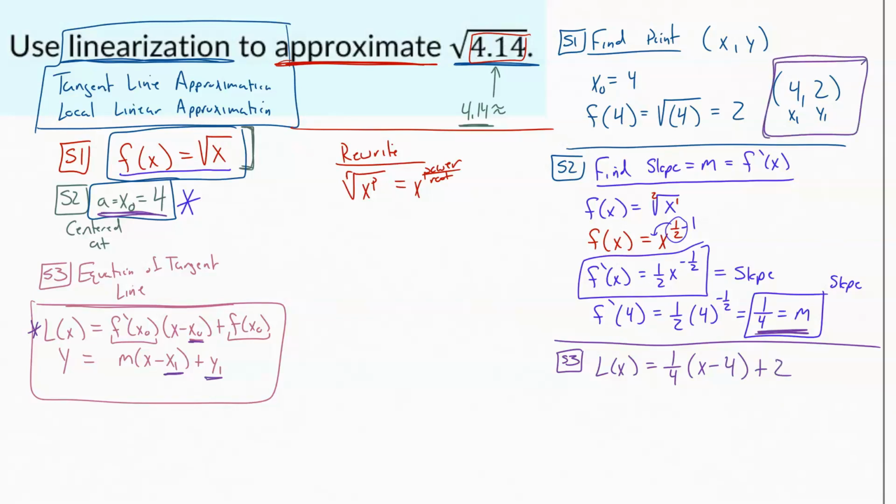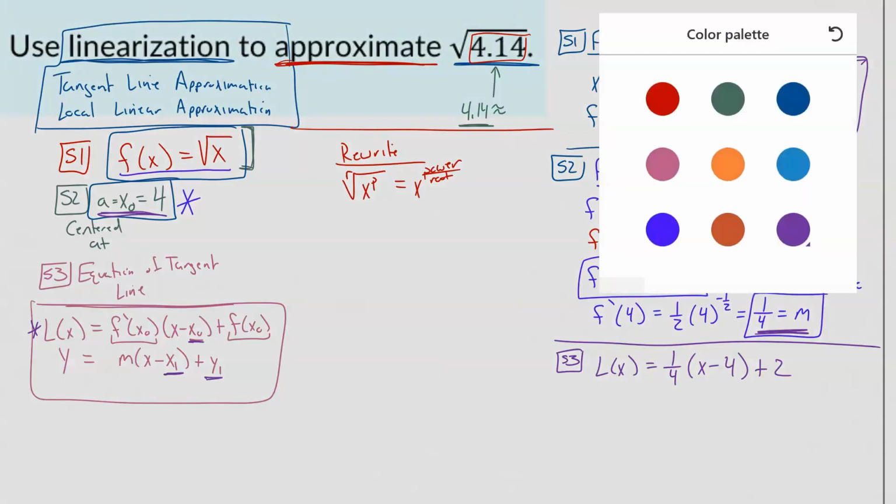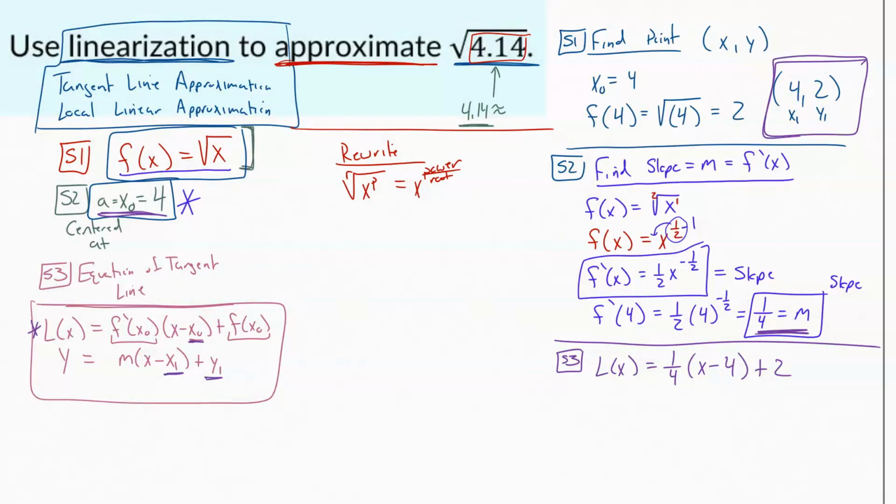So using our point here, this is our linearization equation. That is what we're going to use. Essentially what we've done is we've now created an equation that approximates our starting equation. So the square root of x is approximately this L of x equation.